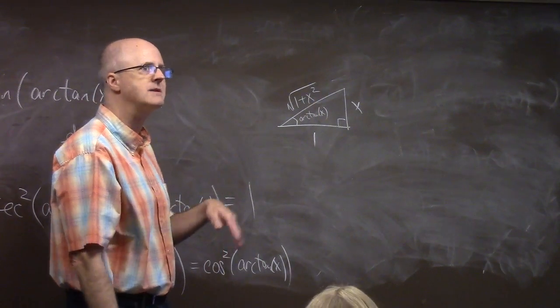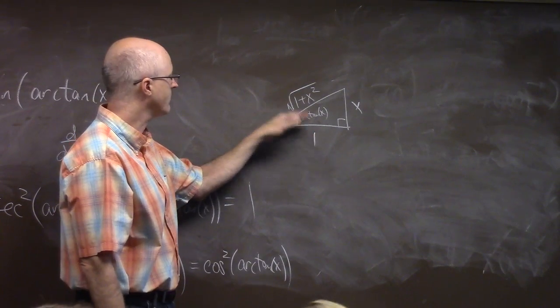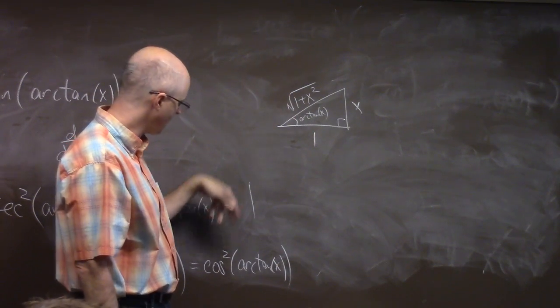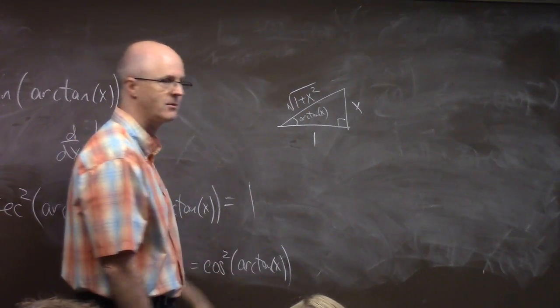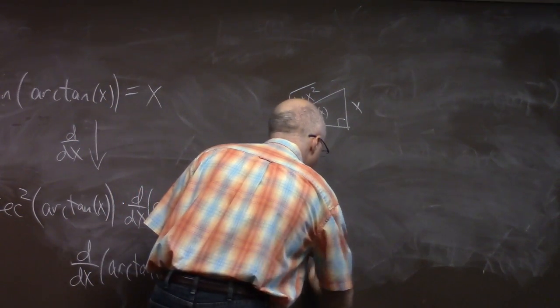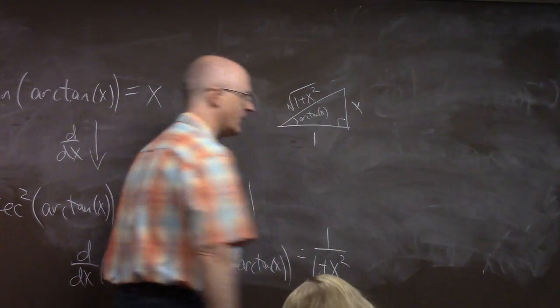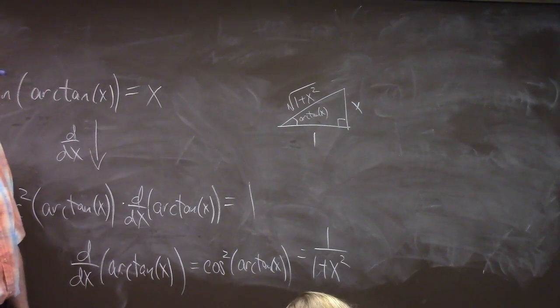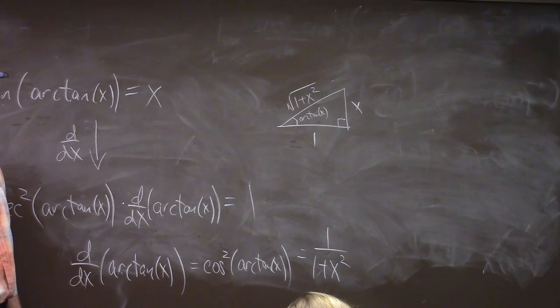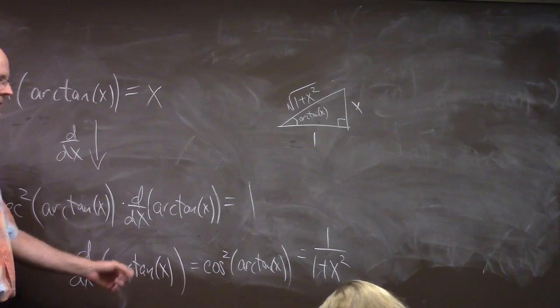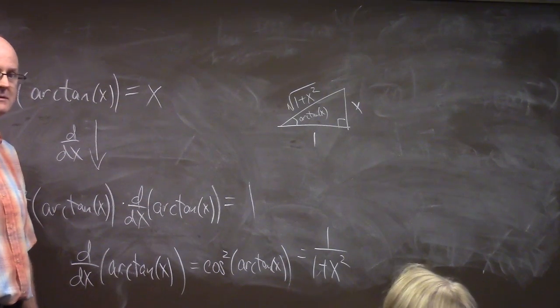Cosine is adjacent over hypotenuse, 1 over square root of 1 plus x squared, but we're squaring the cosine so the square root goes away. There we go. There's our derivation of the derivative of arctangent of x, and this works for all x.